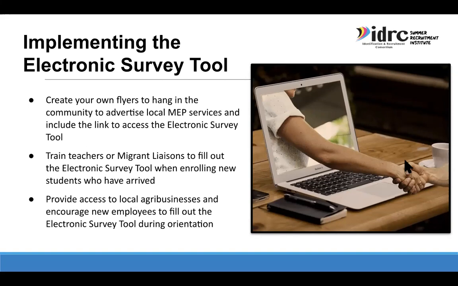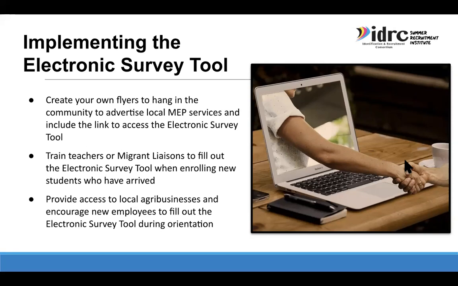But for those states or areas that might not have a survey that is used in schools, the electronic survey tool can be shared with teachers, with liaisons at schools that are regularly interacting with students and their families, so that they can let you know anytime they encounter a student that might be eligible. You can share the electronic survey tool with local agricultural businesses to encourage them to share it with new employees to fill out during orientation.